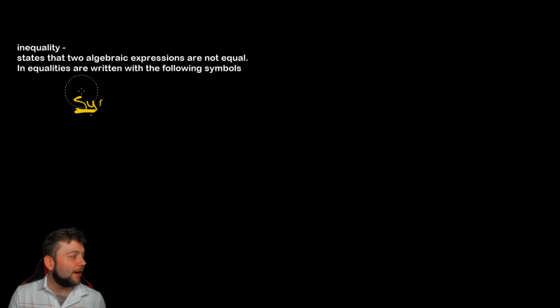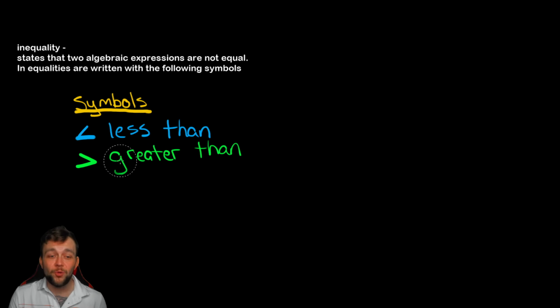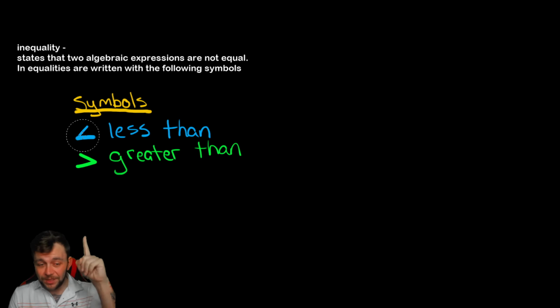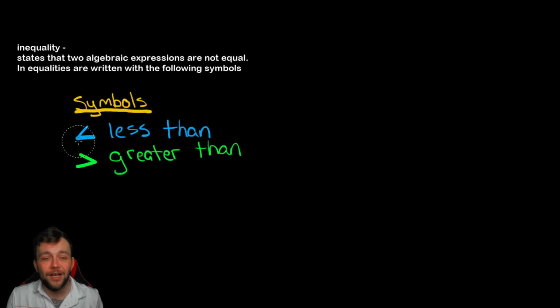We have our less than symbol and our greater than symbol, and it directly means these words. When you see the less than or greater than symbol, it means that something is less than or greater than whatever is on the other side of it.